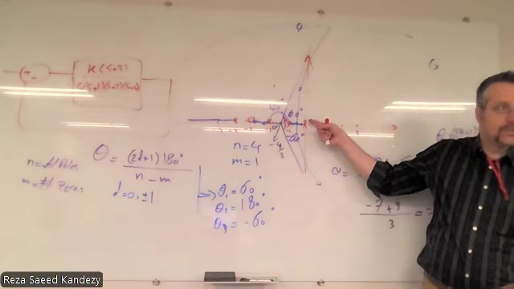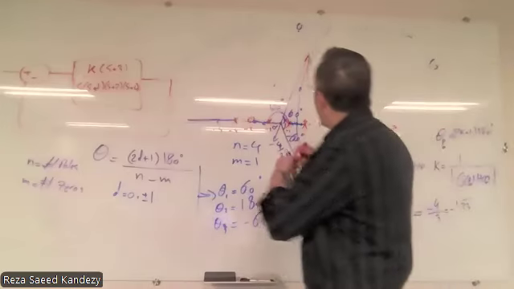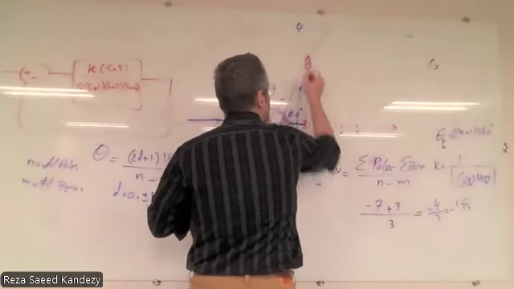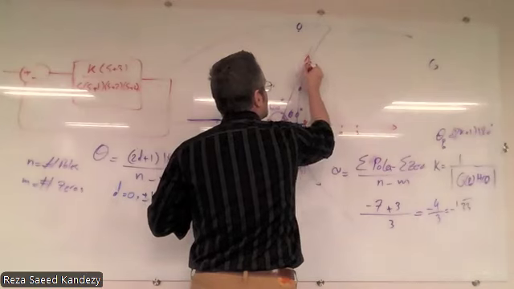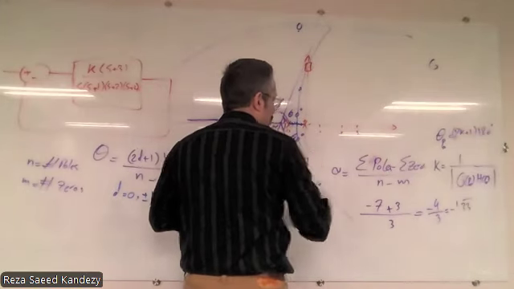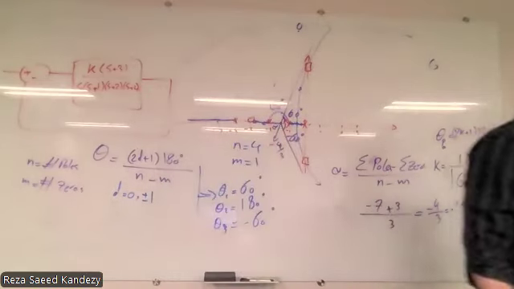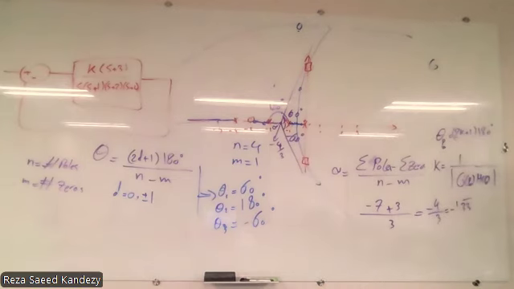Are we good? So after these two points, let me show it with the square. When we pass these two points, then we get unstable. So these two points are important because they are the margin between stability and instability. And if you remember, we call that marginally stable.